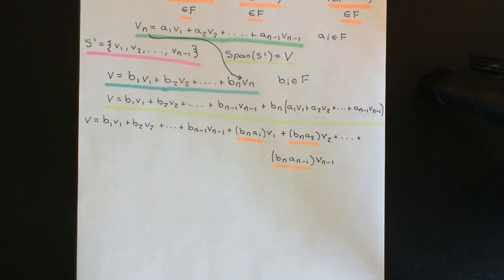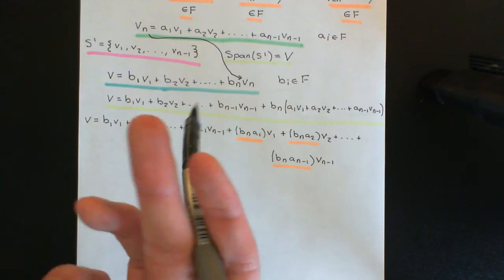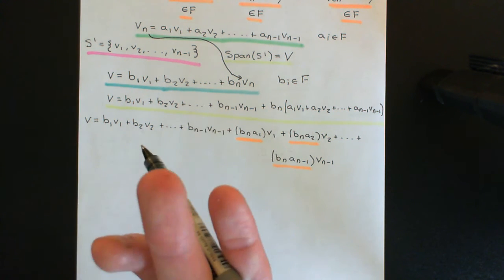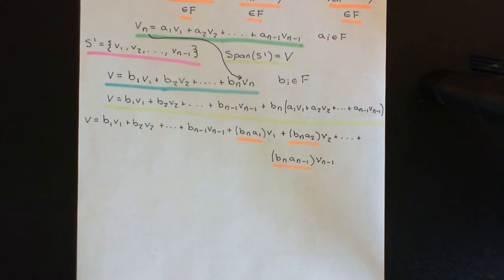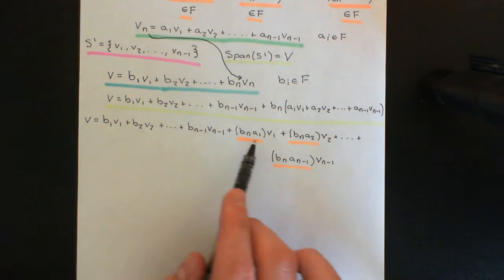Addition of vectors, because it's an abelian group, has associativity and commutativity. Associativity tells us it really doesn't matter where the brackets are in addition, which is why I haven't bothered putting any brackets in, because it really does not matter where you put them. And commutativity tells us that it doesn't matter what order the vectors appear in this great big sum. So I can freely move these around.